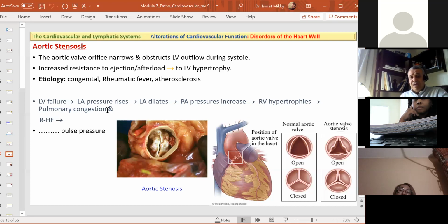On the other side, patients with aortic regurgitation will exhibit a wide pulse pressure.